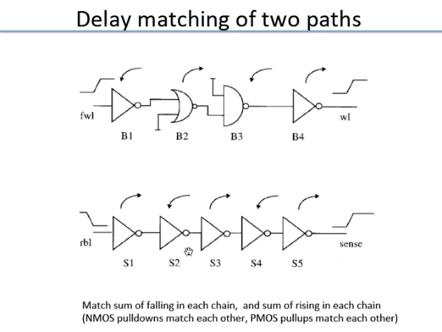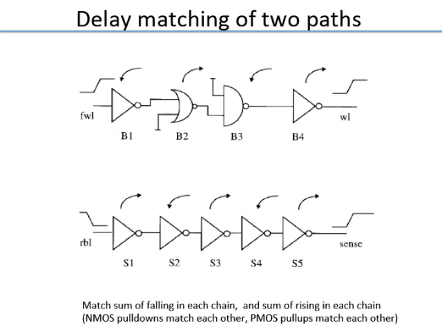And when you want to match delay chains, right? One thing again you have to remember is that in a delay chain you have rising and falling happening, alternating. Rising is determined by the PMOS, falling is determined by the NMOS. It's always better to match PMOS to PMOS, NMOS to NMOS, because you can have process skews where NMOSes and NMOSes are correlated much more than NMOSes and PMOSes.